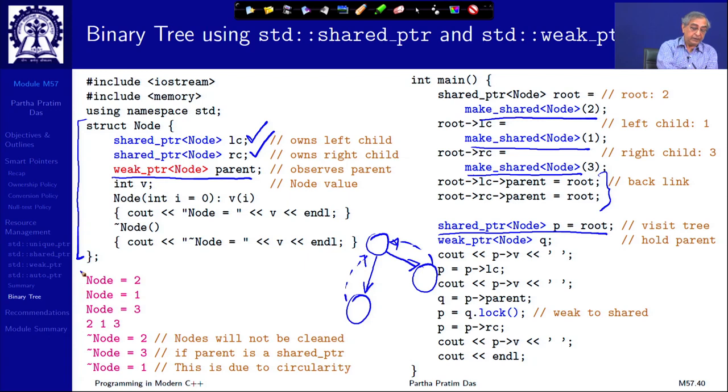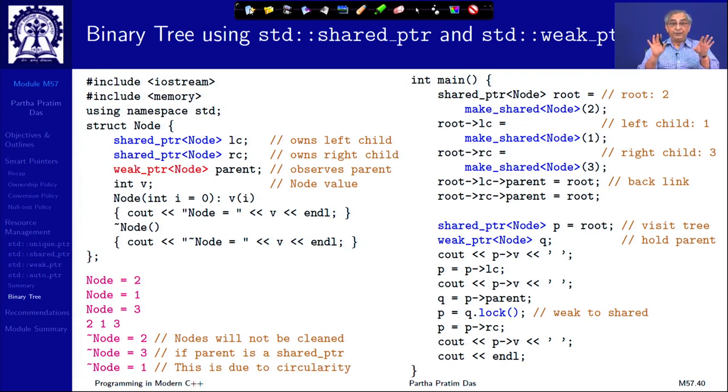This is all that gets displayed, and finally, you are not doing any delete or anything, but as the program ends at this point, naturally these shared pointers that have been created go out of scope, and therefore they are automatically deleted and the corresponding nodes are deleted, and therefore the destructor prints these messages.